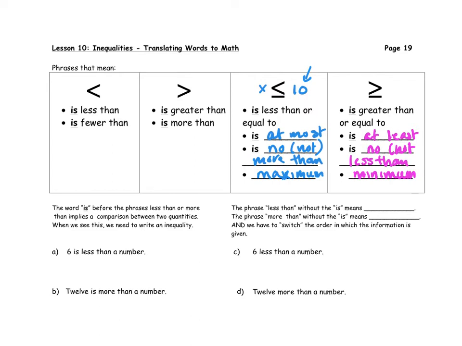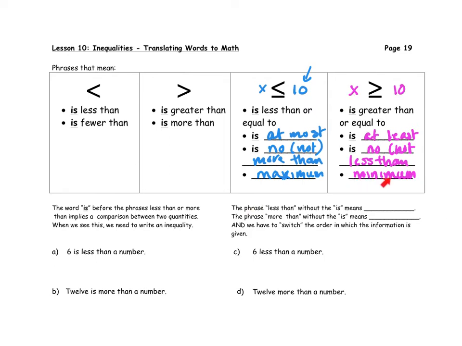So once again, if we use this example, x and 10, this number has to be at least 10. It could be 11, it could be greater than 11. This number also, it says, is no less than, so it cannot be less than 10. It can be 10, but not less than.